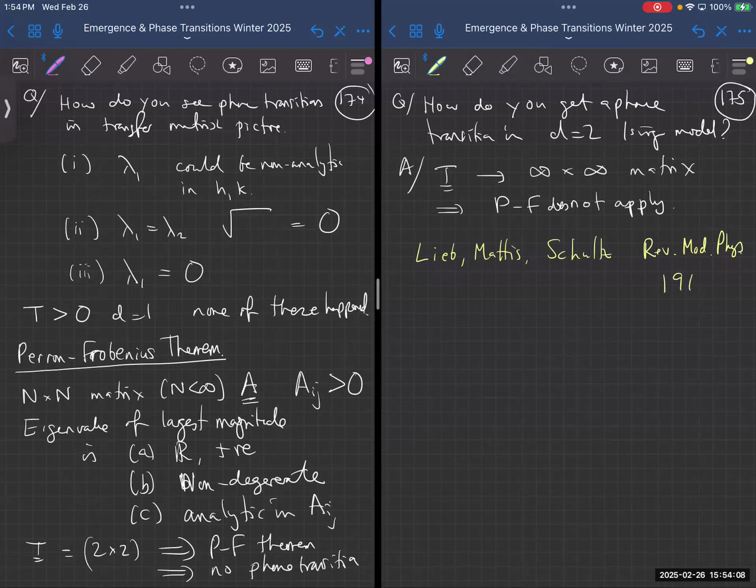I'm doing this from memory, I don't have the notes in front of me, I think it's 1964. This will be your guide to figure out how to do what Onsager did. You can read Onsager's original paper, and unless you're a genius, it's like listening to Doctor Who. But you read Lieb, Mattis, and Schultz, and it simplifies it, and a normal person can understand what happened.